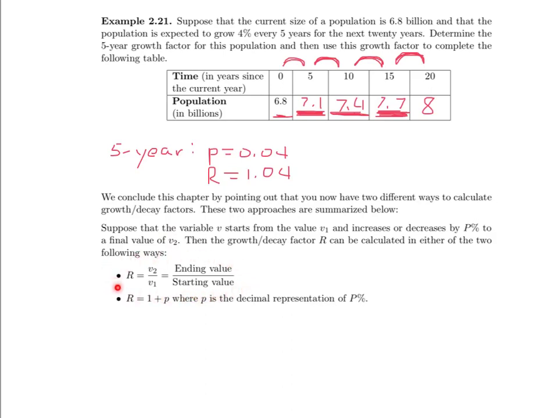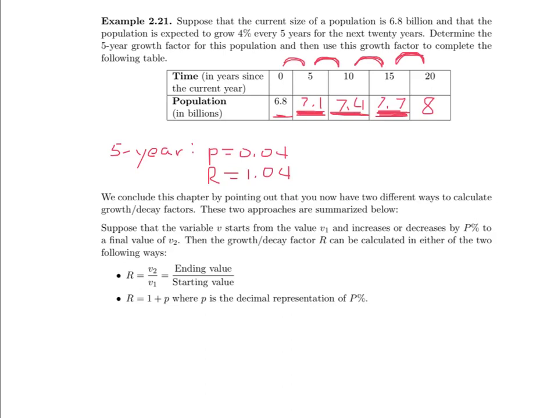First, let's look at the first approach. We can calculate the factor by taking the ending value and dividing by the starting value. We talked about that in an earlier screencast. In the current screencast, we learned that you can also calculate R by taking 1 plus P, where P is the decimal representation of the percentage change.